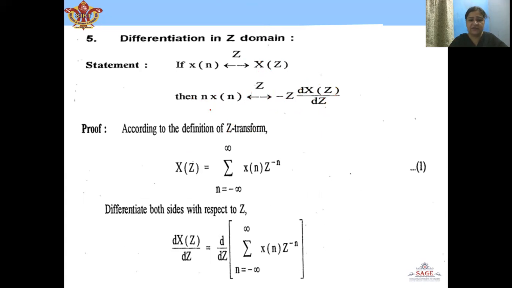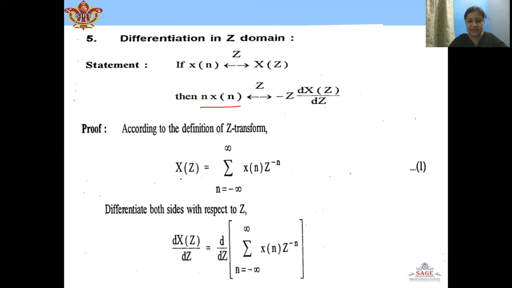Now, we will start with the proof of this property. We'll start with the Z transform of n x[n]. So now, what we will do, we will take the formula of the Z transform, which is X(z) equal to summation n equal to minus infinity to infinity x[n] z raised to power minus n. Now, what will I do?